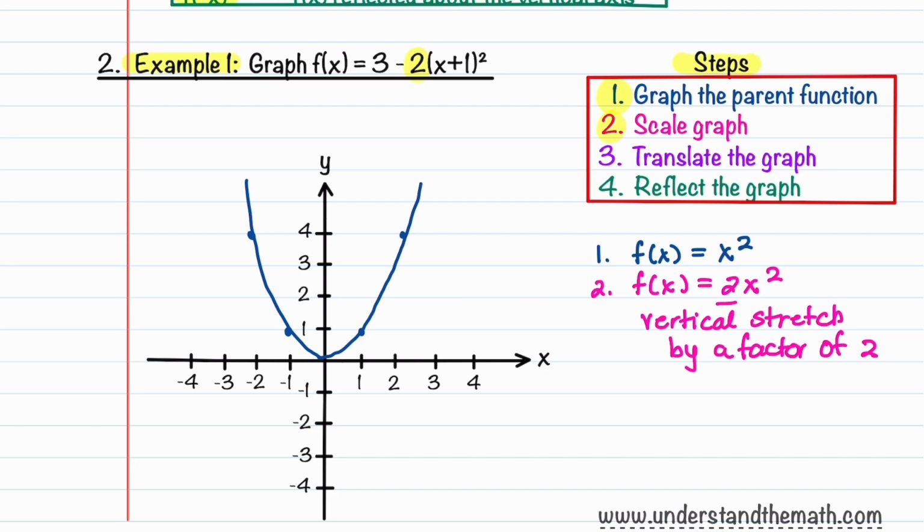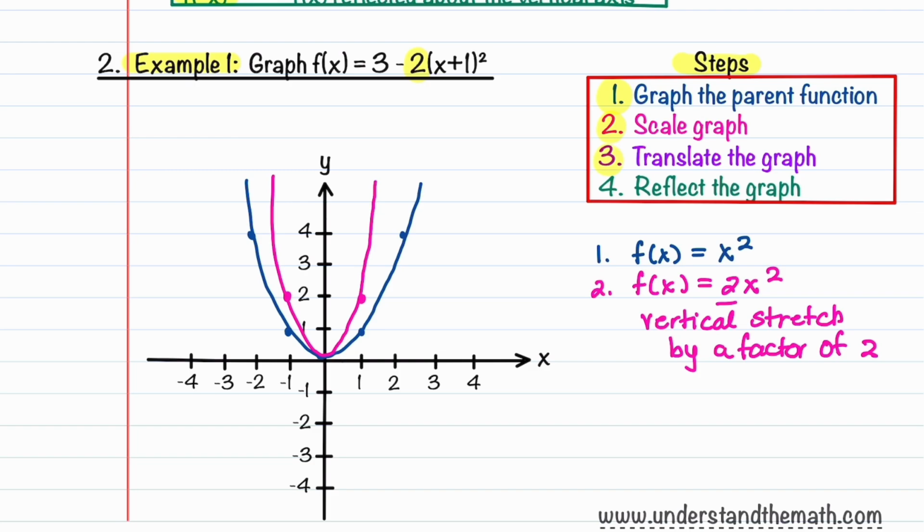So our point now is going to go through (1, 2). We just multiply the 1 times 2. And we can go ahead and do that on the other side as well. And then we can go ahead and graph our function. So you can see that it's stretched vertically by a factor of 2. Now let's go to our third step.